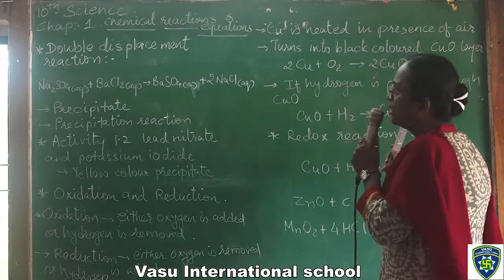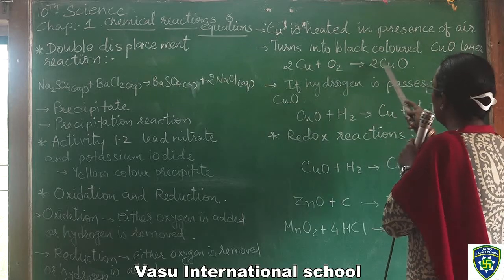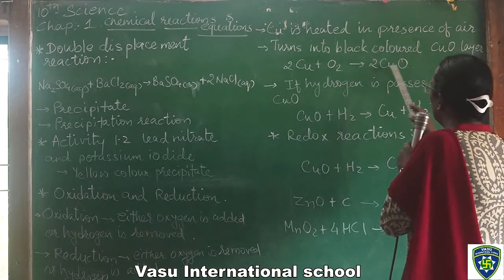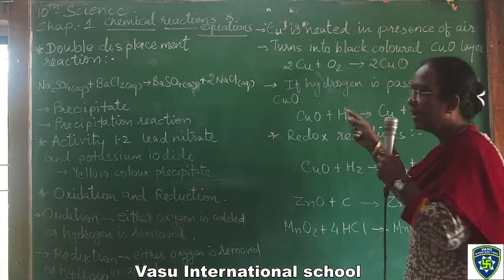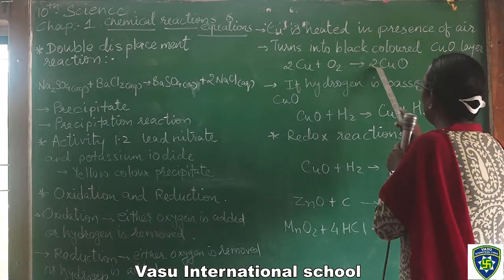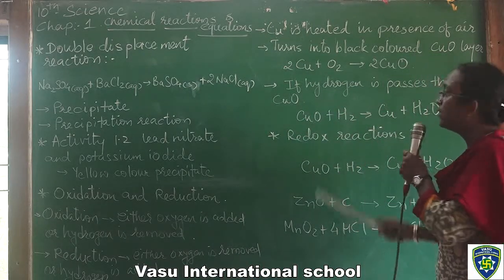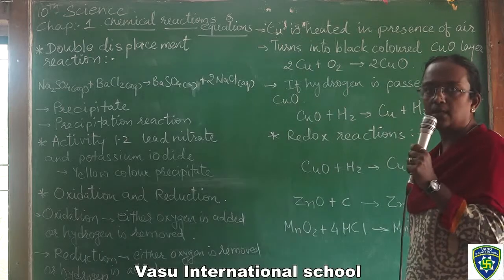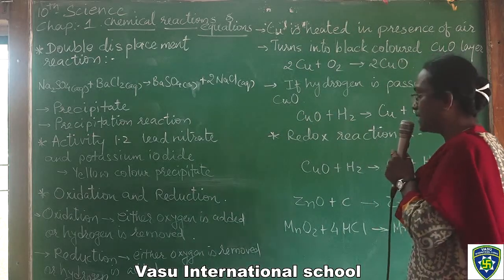This can be written in chemical equation form. Copper plus oxygen gives us copper oxide, and here oxygen 2 is given, so we'll balance it as 2Cu and 2CuO. Reverse to this, whenever this copper oxide powder is taken and hydrogen gas is passed over it, that means hydrogen is added.